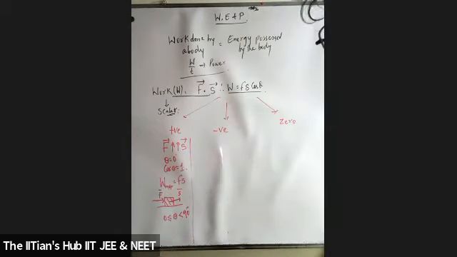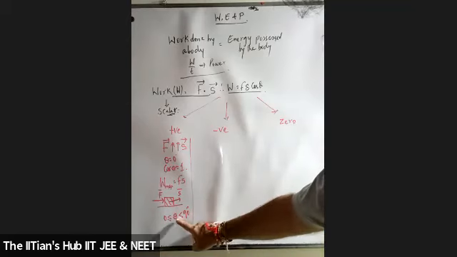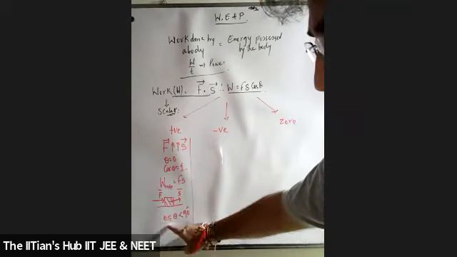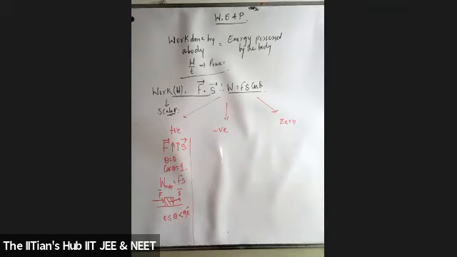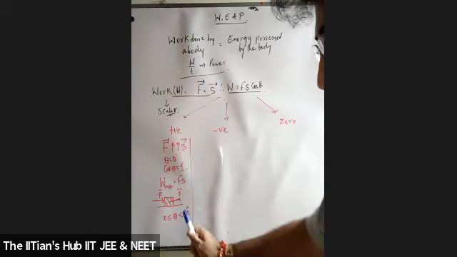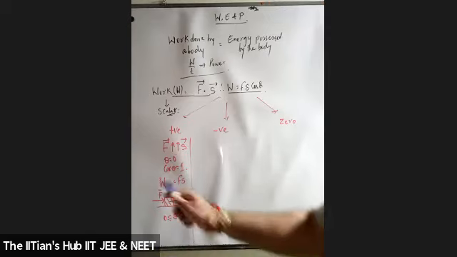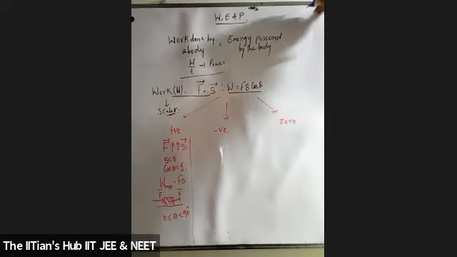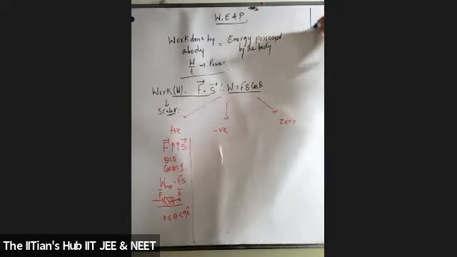Yes, sir. To be positive, theta should be less than 90 or equal to 0. If I take equal to 0, what about the work done? It has to be maximum. But if I take any other value less than 90, students, what about the work done? It will be positive.